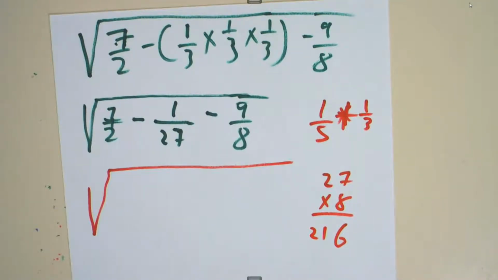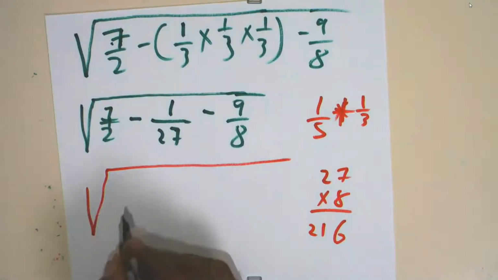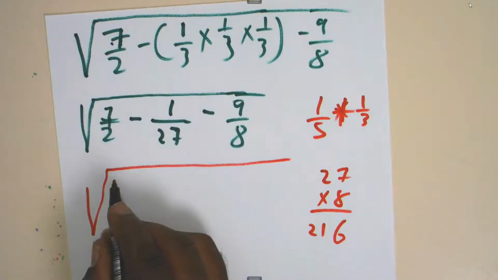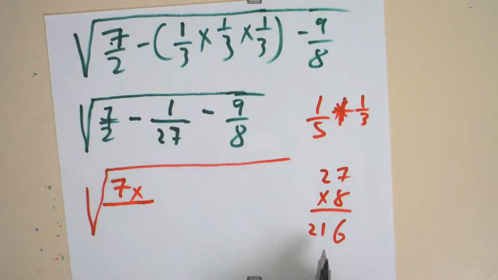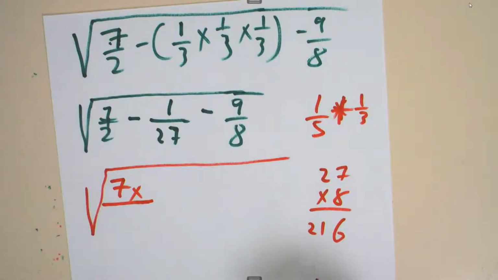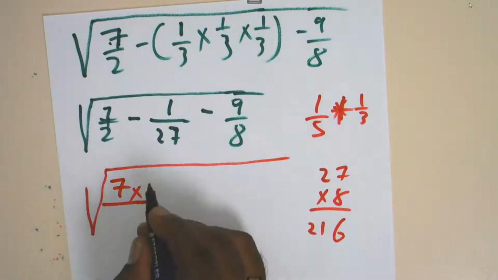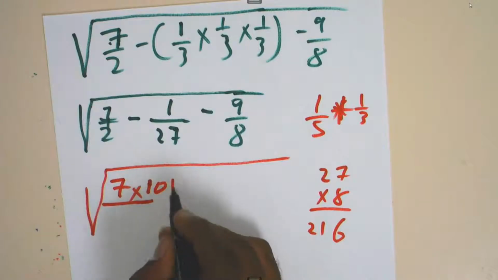Right. Therefore, what do we do to get that LCM? 216 divided by that 2. 2 into 21, 10 times, into 16 is 8.